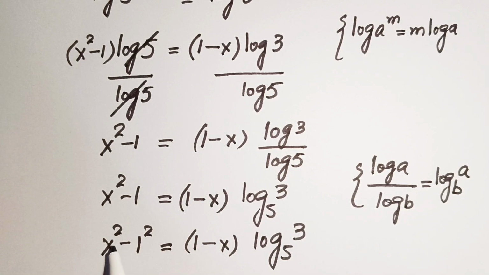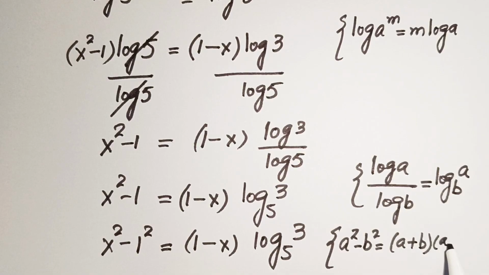As we know, for x squared minus 1, here we use the algebraic law, that is a squared minus b squared is equal to a plus b times a minus b. Using this law, it will be x plus 1 times x minus 1.